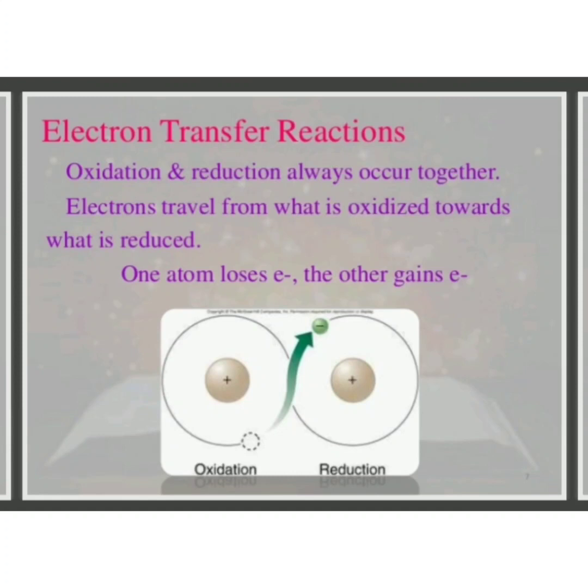In terms of transfer of electrons, oxidation and reduction reactions always occur together. If one atom or one molecule undergoes loss of electrons, or oxidation, simultaneously another atom or molecule gains those electrons, meaning it undergoes reduction.